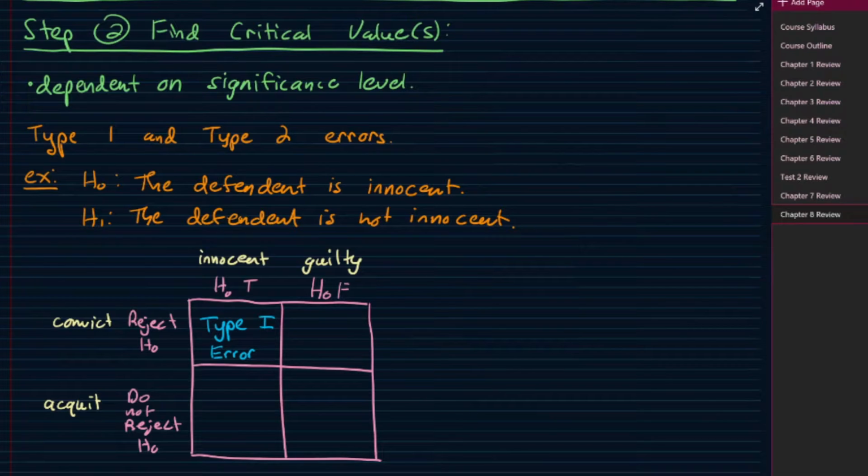So a lot can go wrong to make an innocent person be shown to be guilty. Maybe they had a really bad lawyer. Maybe evidence was mishandled. Those things can happen.